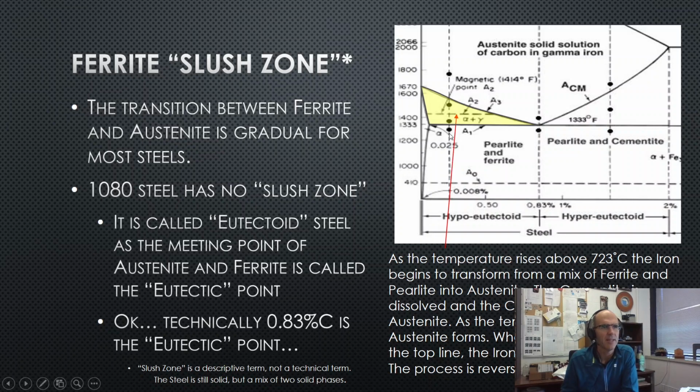As you start to heat that up, you come up into here and you start getting into the slush zone. Now, what this means is that some of the material starts to transition into austenite. Right at this point, you haven't 100% transitioned into austenite because you're still in that slush zone. It's a mix of the two.